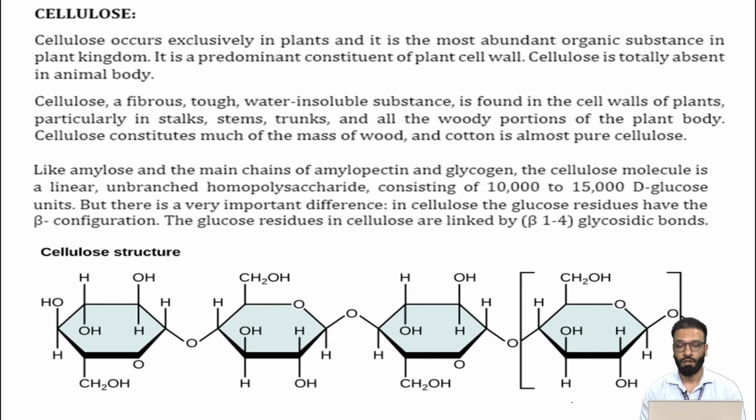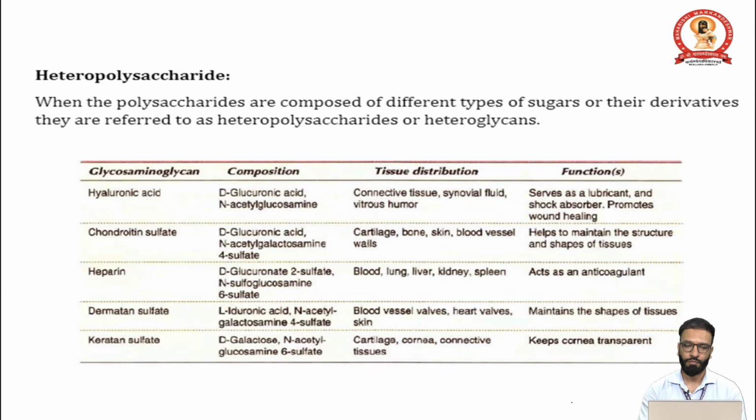What is the reason? Glucose residues in cellulose have beta 1,4 glycosidic bonds, but in starch they have alpha 1,4. Our body has enzymes that can only break alpha 1,4 bonds, not beta 1,4 glycosidic bonds. That's why our body is able to digest starch but not cellulose.